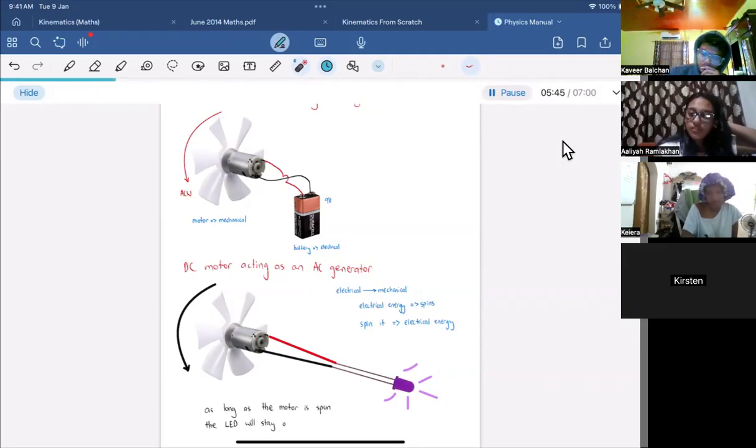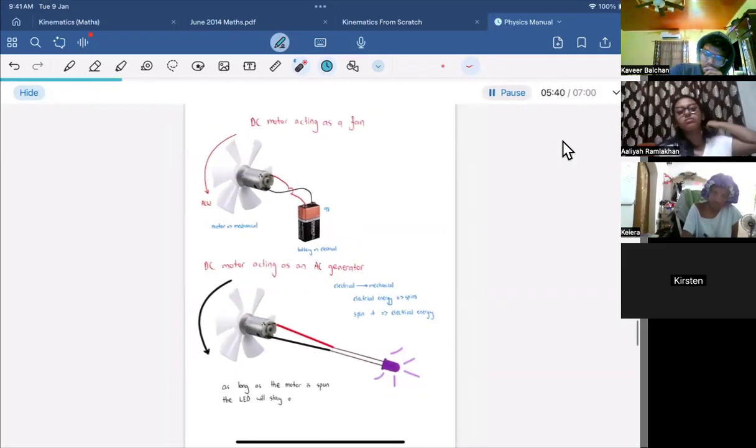Was that what he had for the first drawing? Oh, shucks. DC motor acting as a fan.